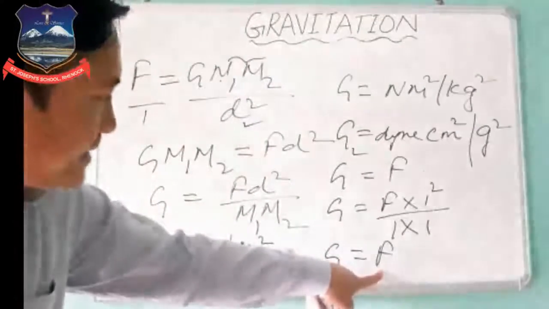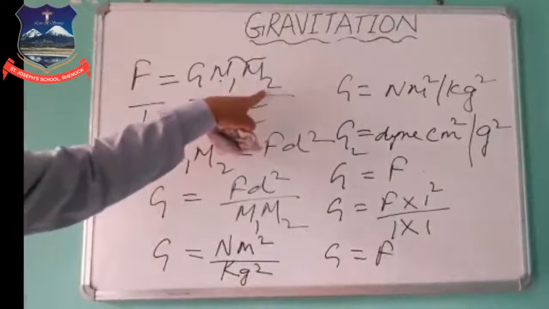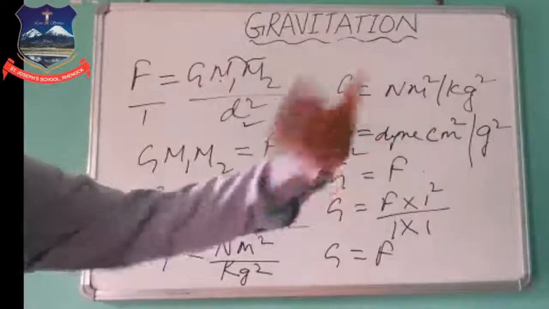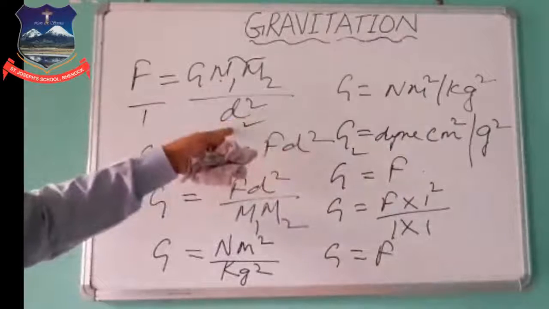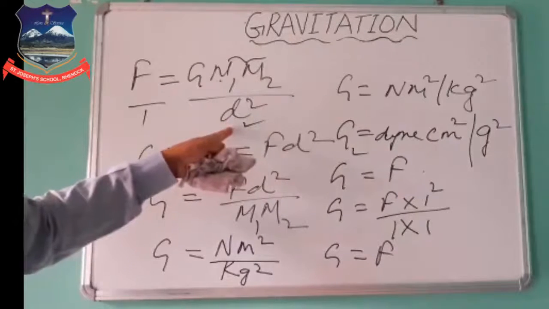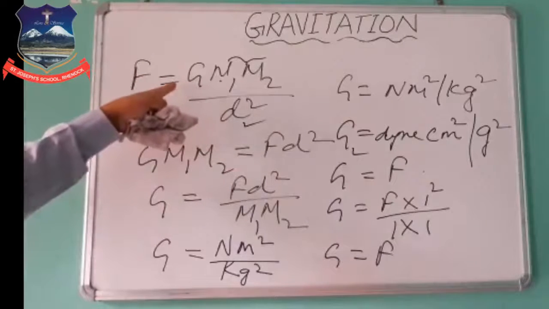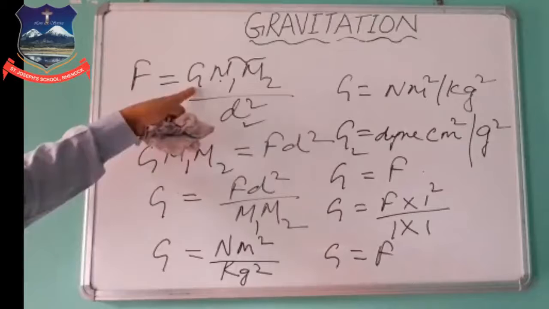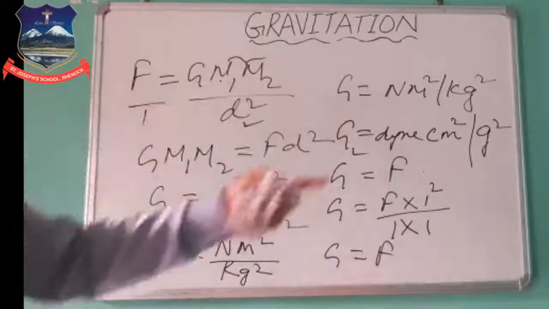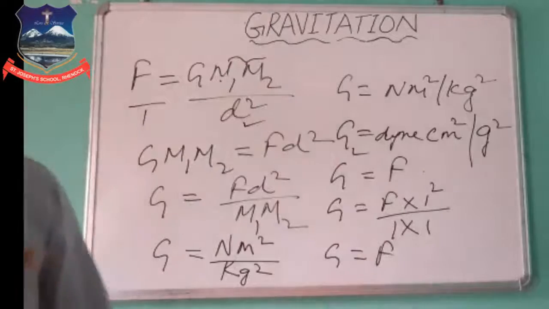Therefore the gravitational constant does not depend upon the masses of the bodies, whether more mass or smaller mass, and also does not depend upon the distance between the two bodies. Since its value remains constant, it is a universal constant.